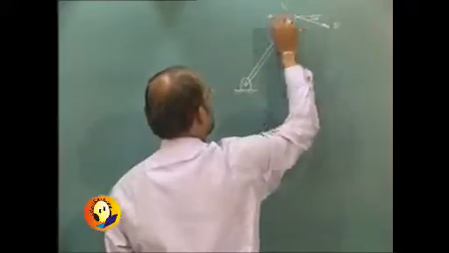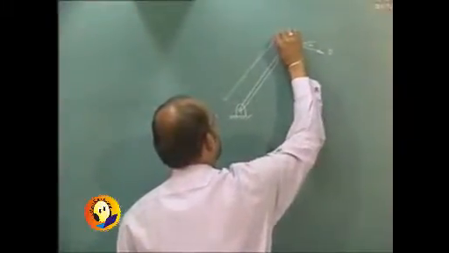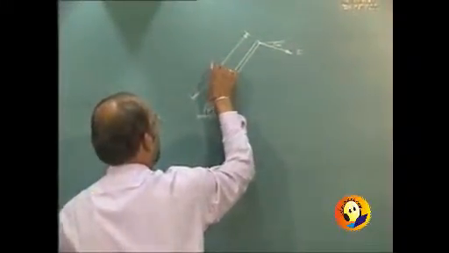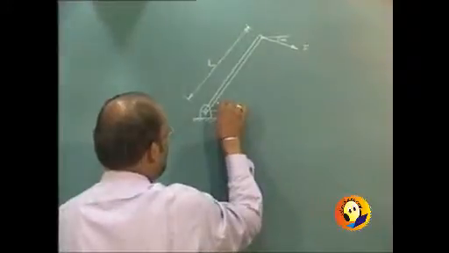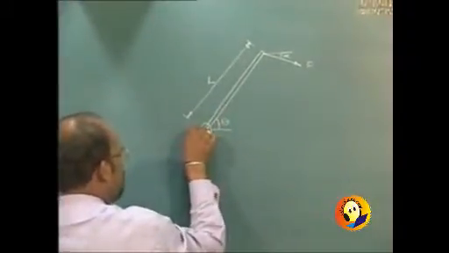The length of this particular link is given to us as, say, L, and that link is making an angle of theta. Suppose I name this as AB.